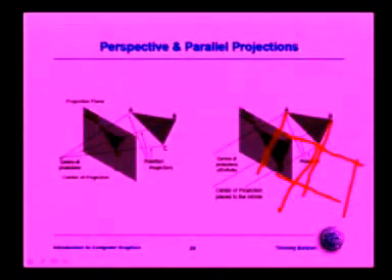Then you see, this is the orthogonal. These are not orthogonal anymore. So this is a parallel projection, but not an orthogonal parallel projection. This is an oblique parallel projection.